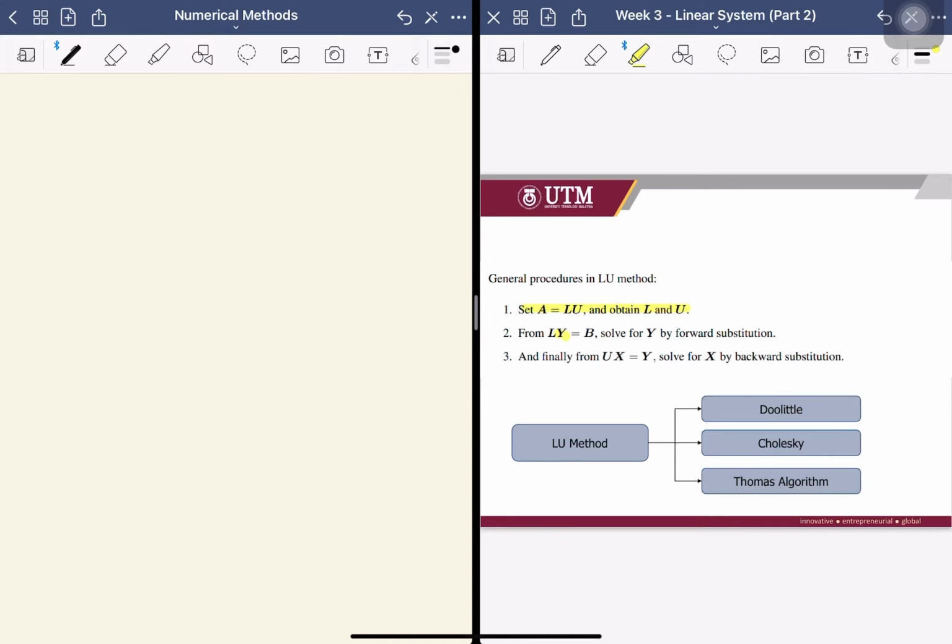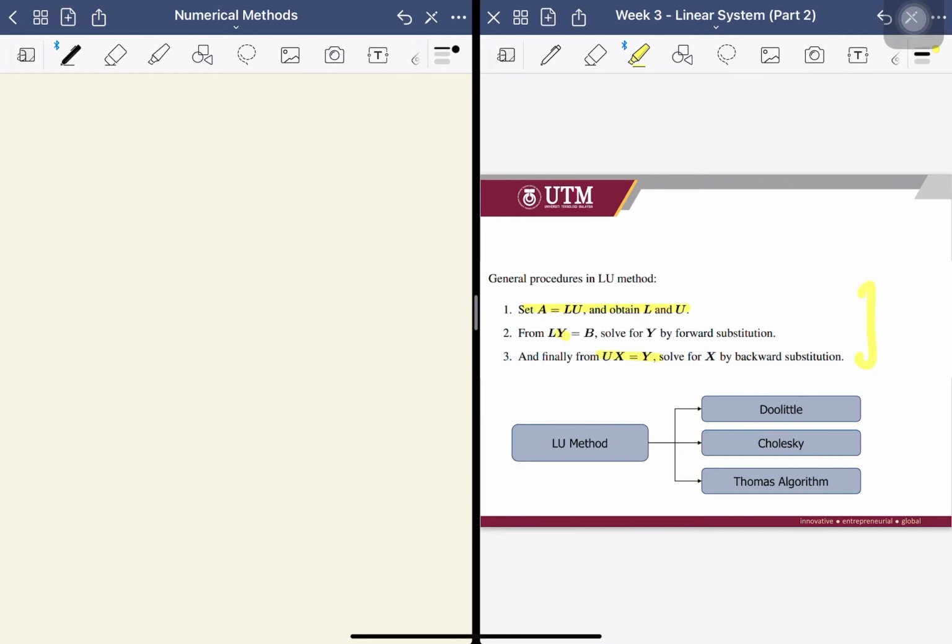After that, we solve Ux equal to y for x by using backward substitution. Like I mentioned, this method is categorized into three different methods, but the general procedure is this part, and we'll make use of it in solving the linear system.